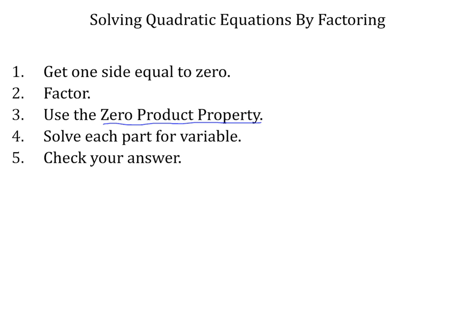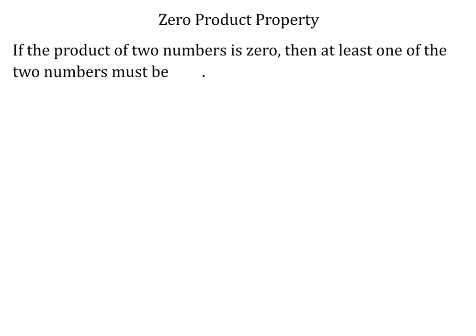So here's the zero product property. The zero product property is pretty simple. It's kind of one of those duh things. It says if two numbers are being multiplied together and you get 0, then at least one of the two numbers must be 0. So for example, if you have something times 2 and you get 0, you know that that something has to be 0.